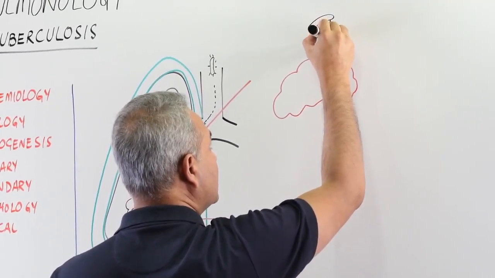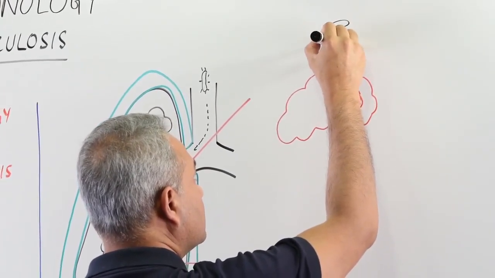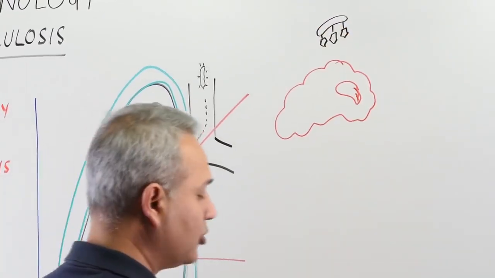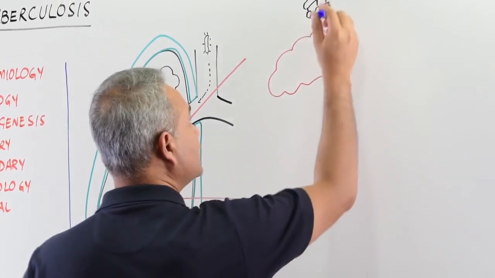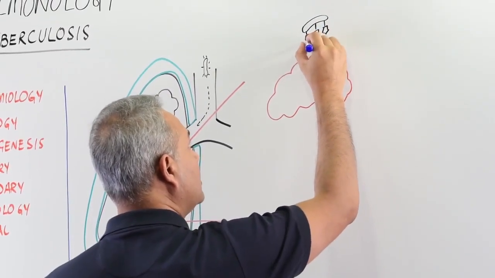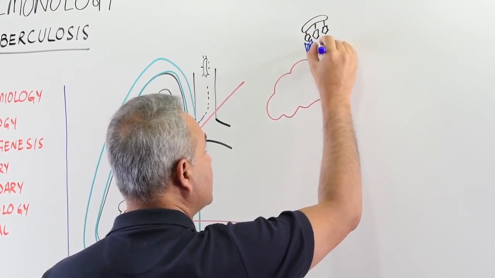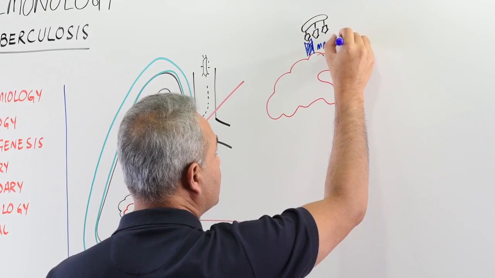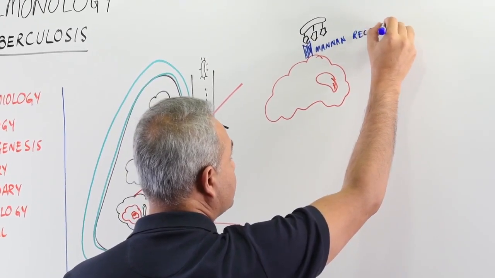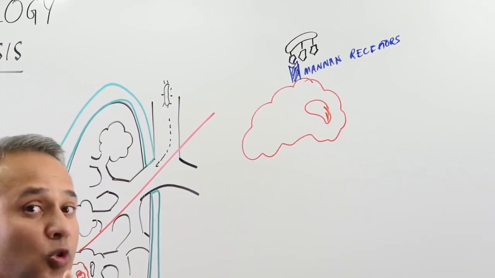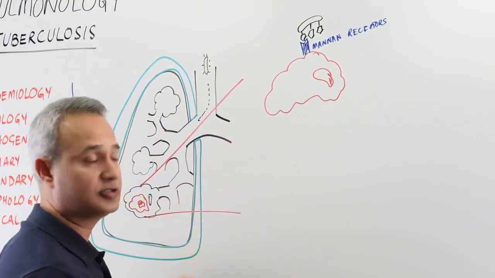Most important is mannose binding. There is mannose present on the pathogen surface, and there are mannose receptors on the macrophage. That is one mechanism by which the macrophage arrests Mycobacterium tuberculosis.